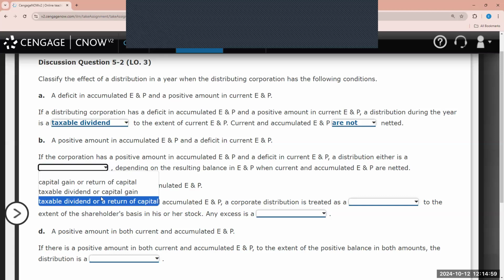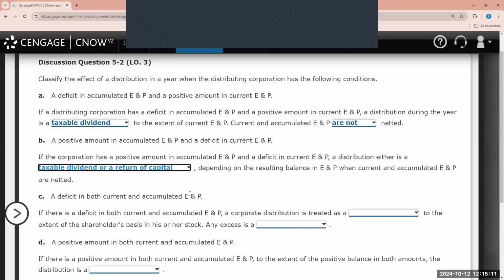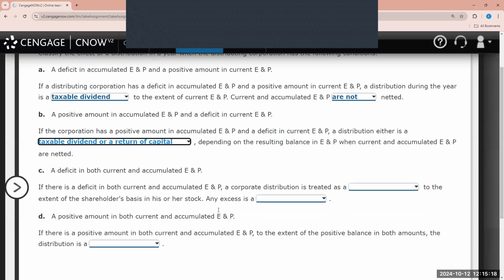If the net amount is positive, it's treated as a taxable dividend to the extent of the net. But if the net amount is negative, the distribution is treated as a return of capital, again depending on the result of the balance when current and accumulated E&P are netted.